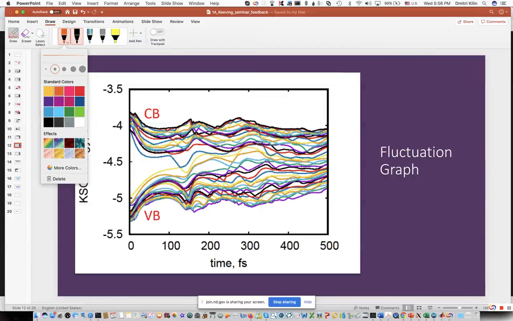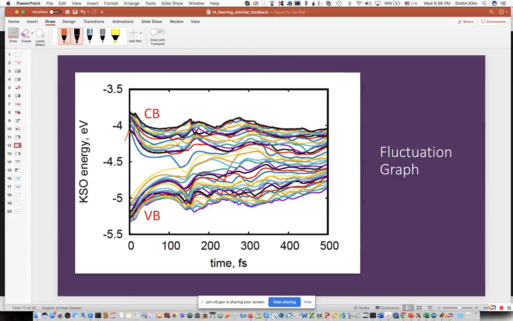Okay, here we see how each of the energies of my different orbitals fluctuates with time. Here we see at time 0 that my band gap is around 1 electron volt. However, as time progresses, the band gap is essentially 0 electron volts. This is due to the following reason.